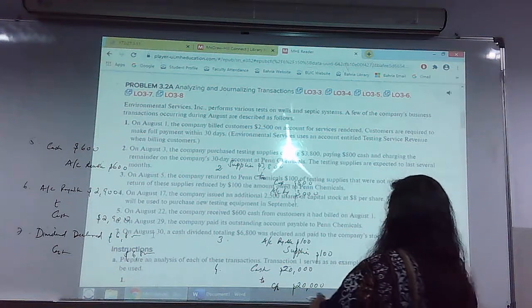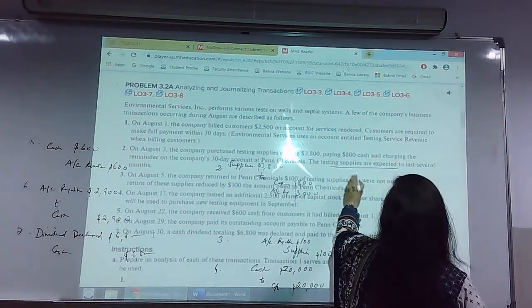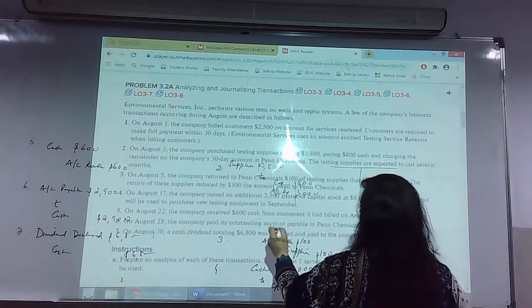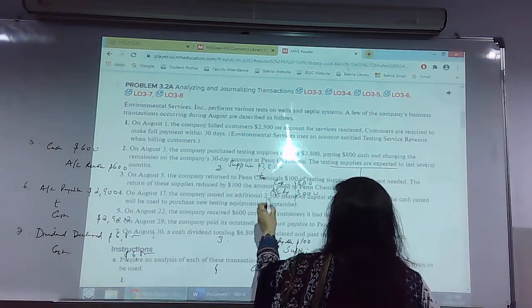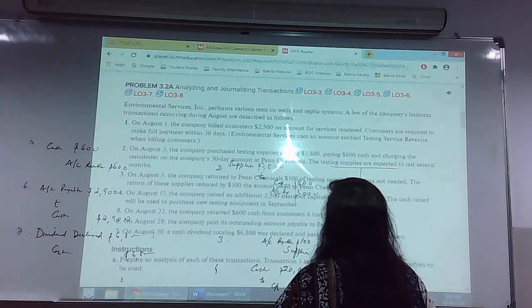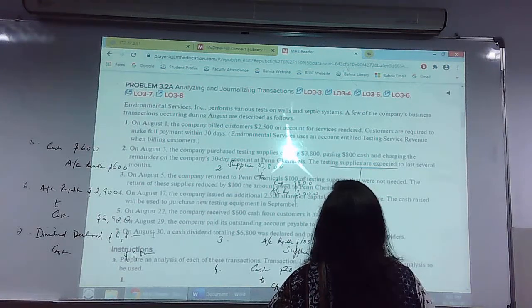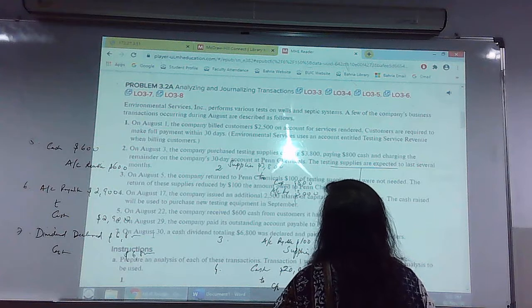So now, when for instance you make a T account for the ledger, all the entries for cash, as you can see that we have cash for 20,000.